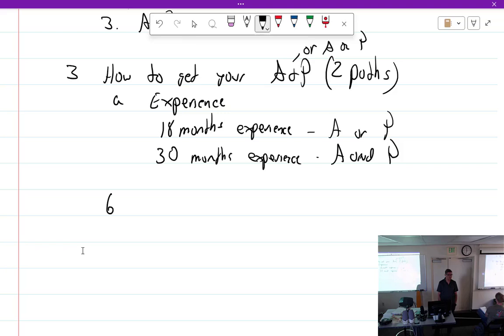You work for 18 months at both shops, like 12 hours at one, 12 hours at the other, so you're putting in 24 hours in one day. Well, I don't know. 18 months is 18 months, 30 months is 30 months. So if you work 4 hours at one shop and 4 hours at the next shop for a day, that's 1 day. But it doesn't say how many hours a day.